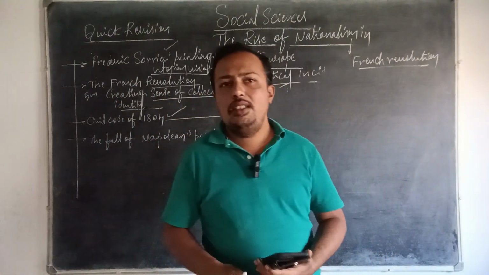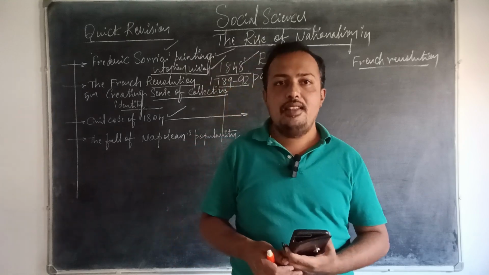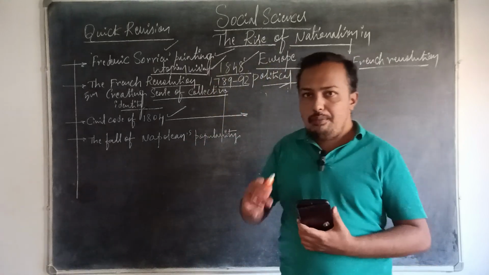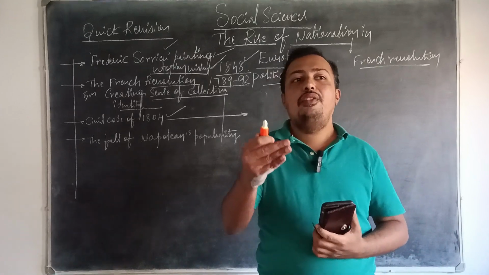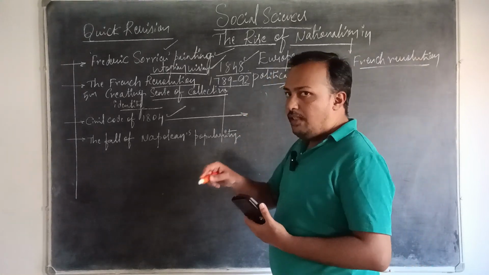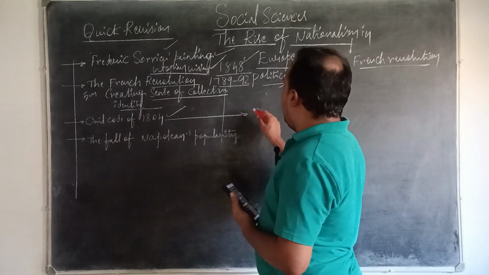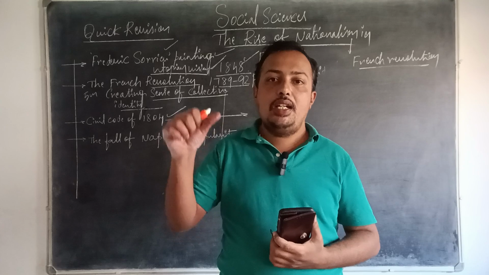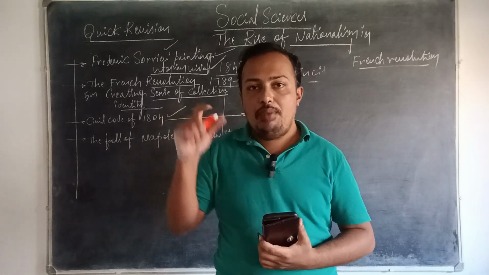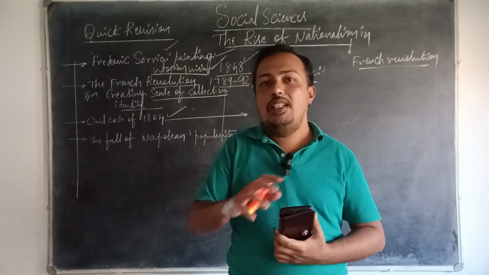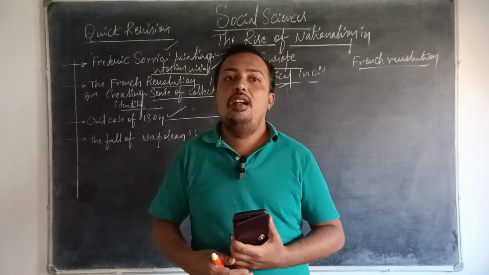All the privileges based upon birth were cancelled for the first two estates, and everyone became equal in front of law. You all know, based upon birth, privileges were enjoyed by the first two estate people, that is the clergy class and the noble class. They were exempted from taxation.